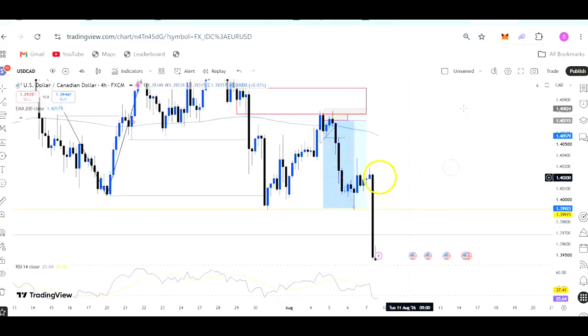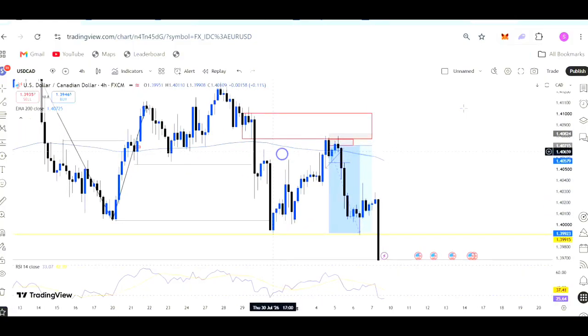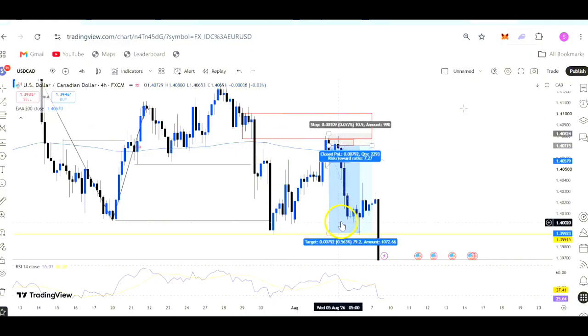That is what many traders will feel. Many people that want to sell will put their stop loss above this high here, and this is what we call liquidity. And for the market to take full action, it needs to clear liquidity before coming down.